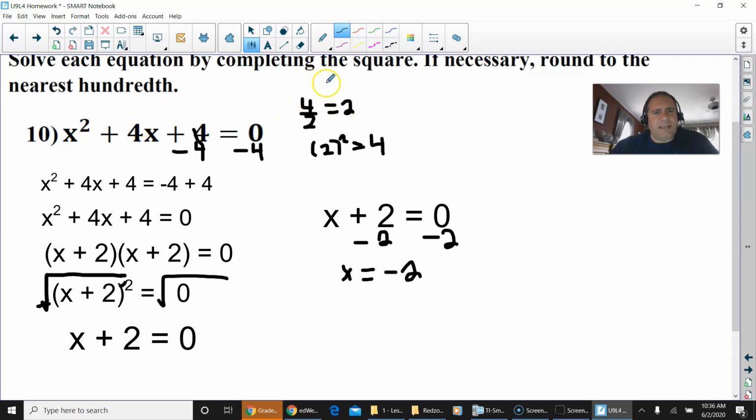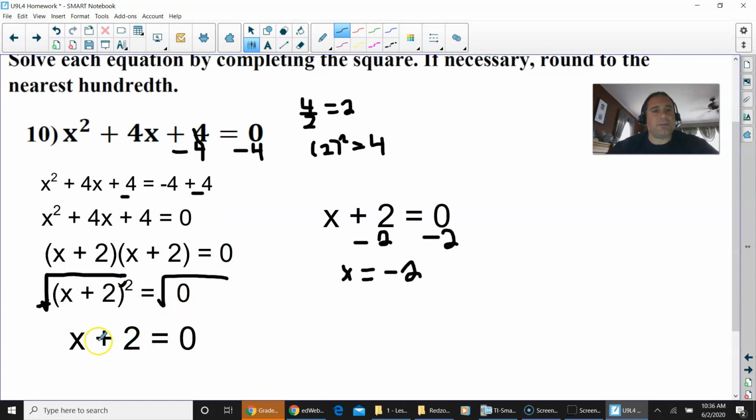By the way, I took b and I divided by 2, and that equals 2. 2 squared equals 4, and that's why I'm adding 4 on both sides like this, right here and right here. So all positive, so it makes it a little bit easier. You have x plus 2 times x plus 2, and that is x plus 2 squared equals 0, because negative 4 plus 4 equals 0.